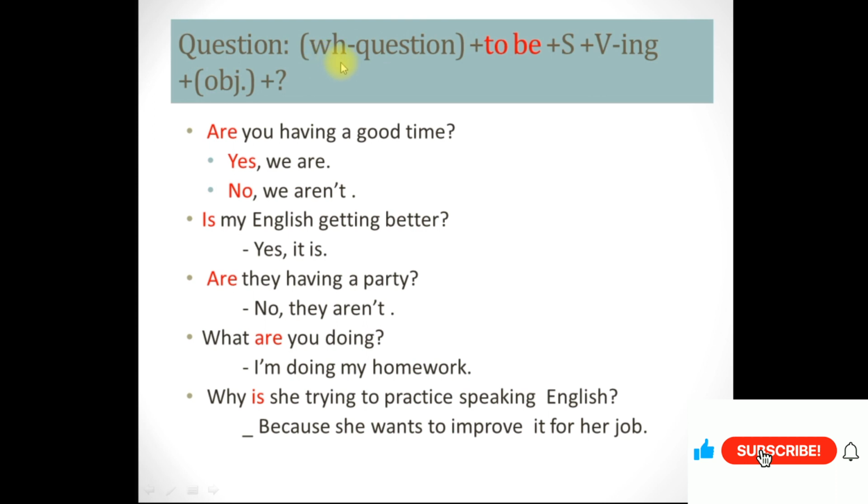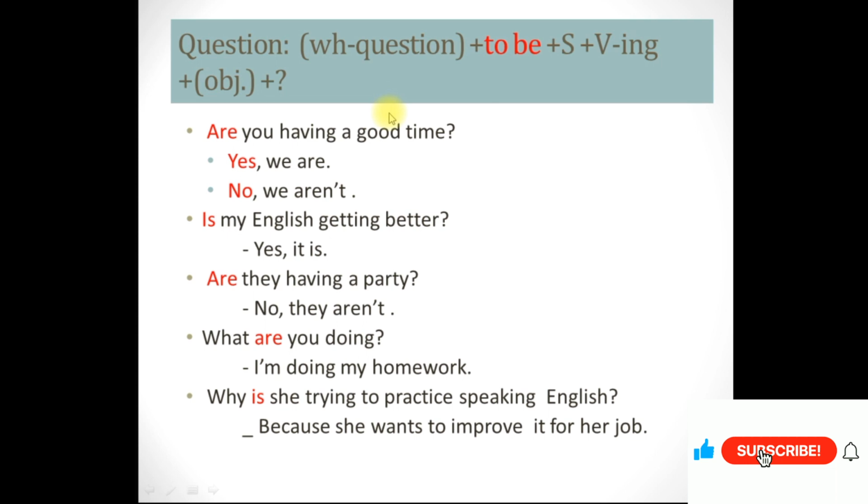But the important thing is about to be: you have to put the verb to be before the subject, and then don't forget the question mark at the end. So this sentence will become the question form.